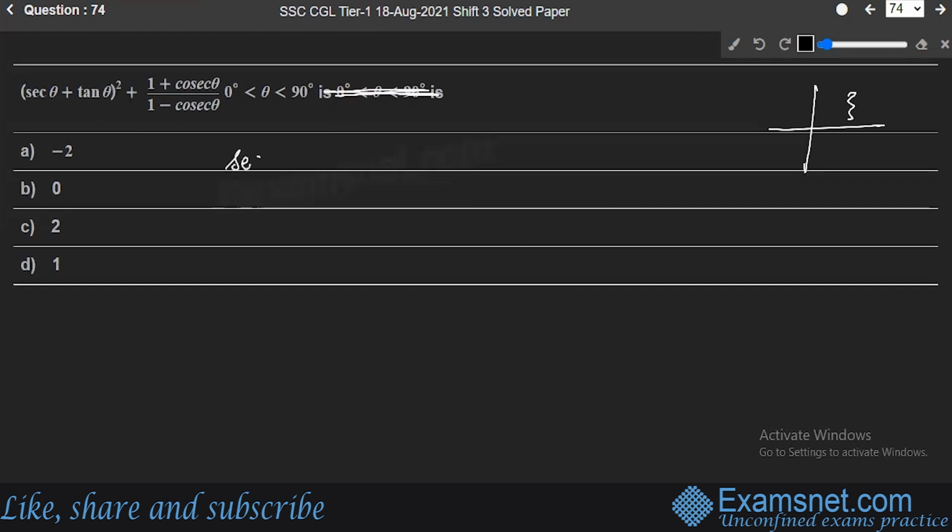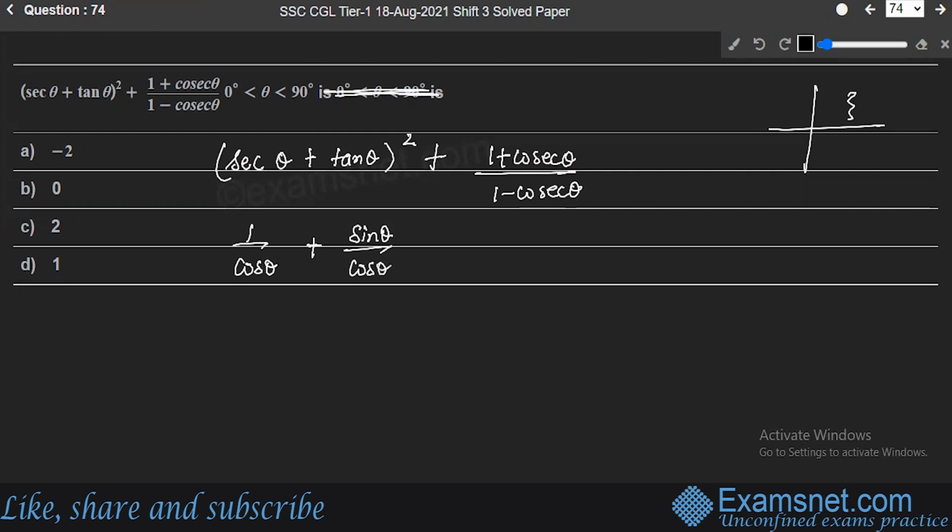Let's write down (secant theta plus tangent theta) whole square plus (1 plus cosec theta) upon (1 minus cosec theta). So secant theta is 1 upon cos theta plus tangent is sine theta upon cos theta, squared.